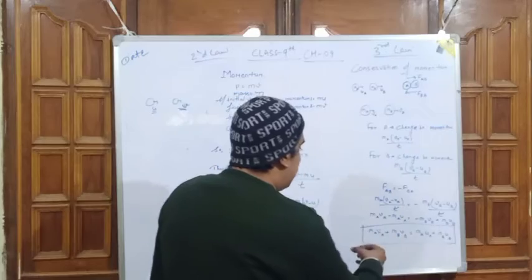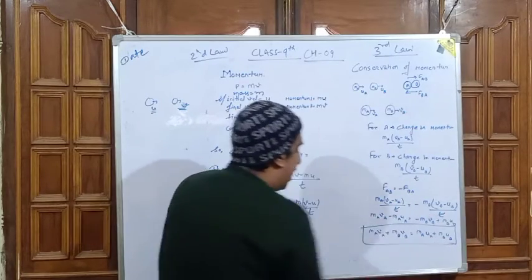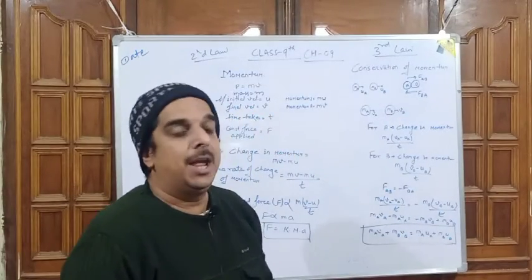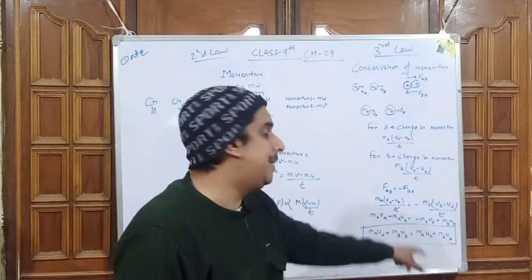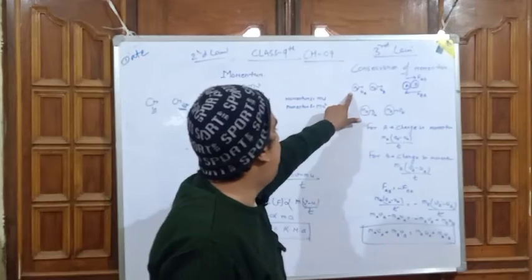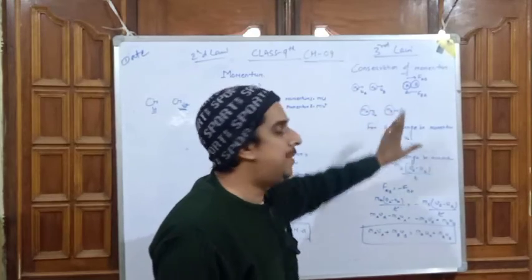We will change the position. इसको उठाया इधर डाला, इसको उठाया इधर डाला. So finally we can get MA VA plus MB VB is equal to MA UA plus MB UB. MA UA plus MB UB is equal to MA VA plus MB VB.